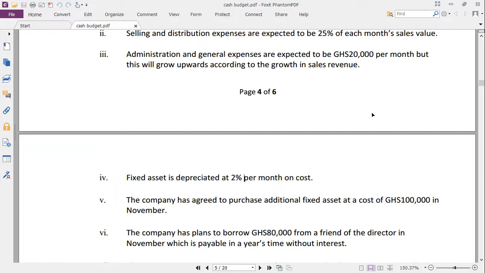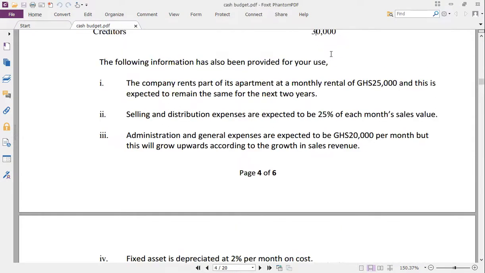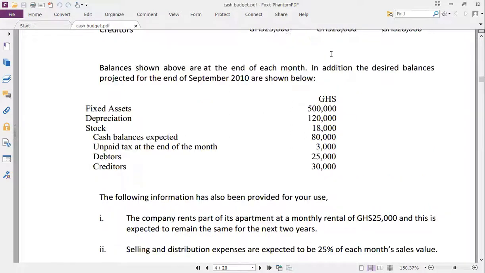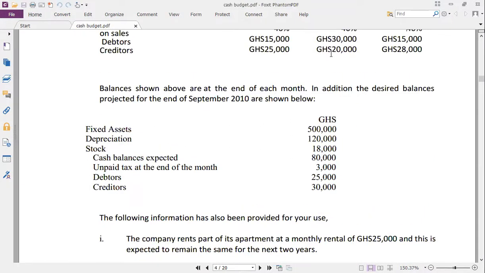Administrative and general expenses are expected to be 20,000 per month, but this will go upwards according to the growth in sales revenue. So if sales increase by 10%, then the admin expenses must also increase by 10%. So let's go up and see whether sales has increased.